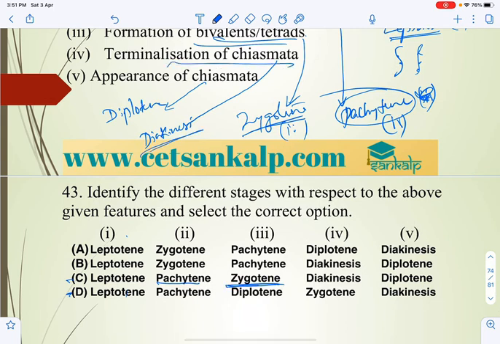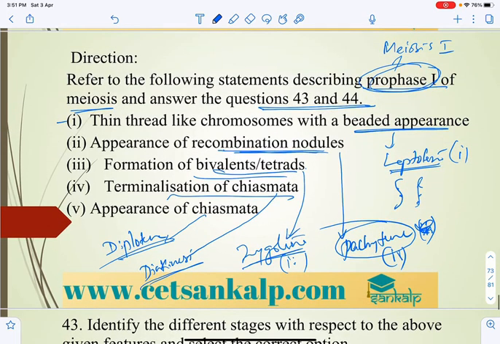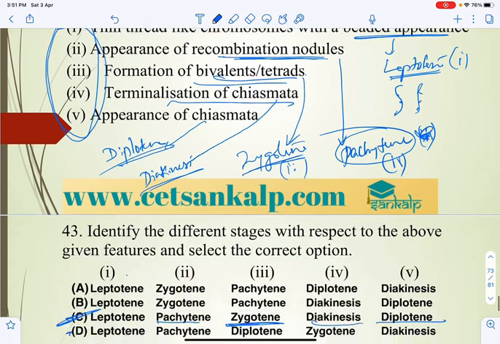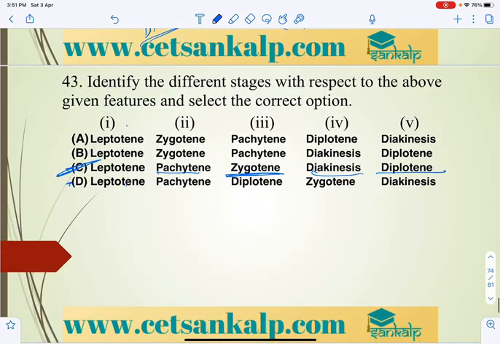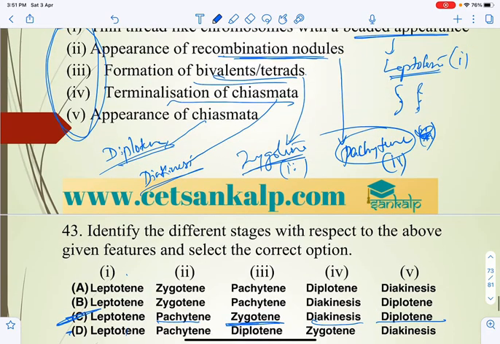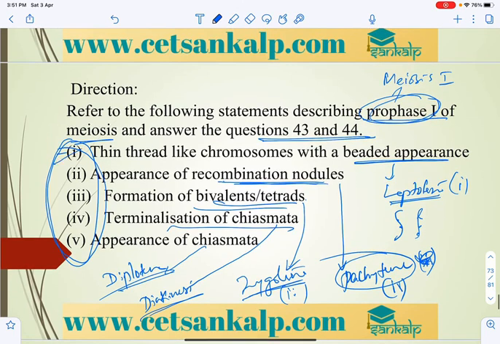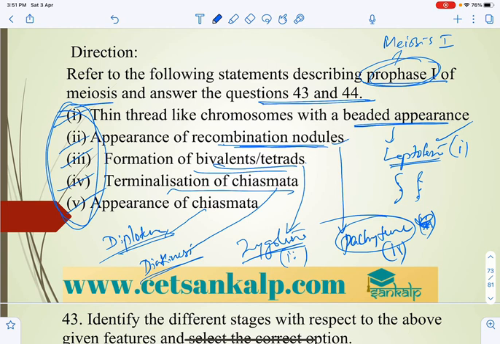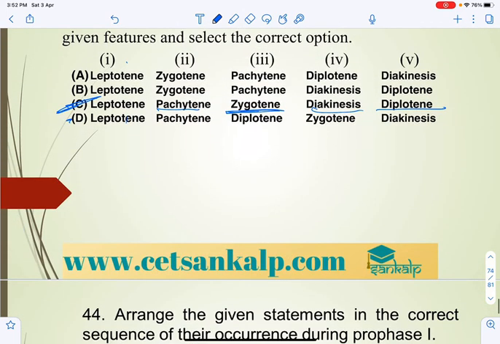Terminalization of chiasma is diakinesis and diplotene. So the correct answer is C. According to these points, the characteristic features give the names: first leptotene, second pachytene, third zygotene, fourth diakinesis, fifth diplotene. In true sequence it is leptotene, zygotene, pachytene, diplotene, diakinesis.